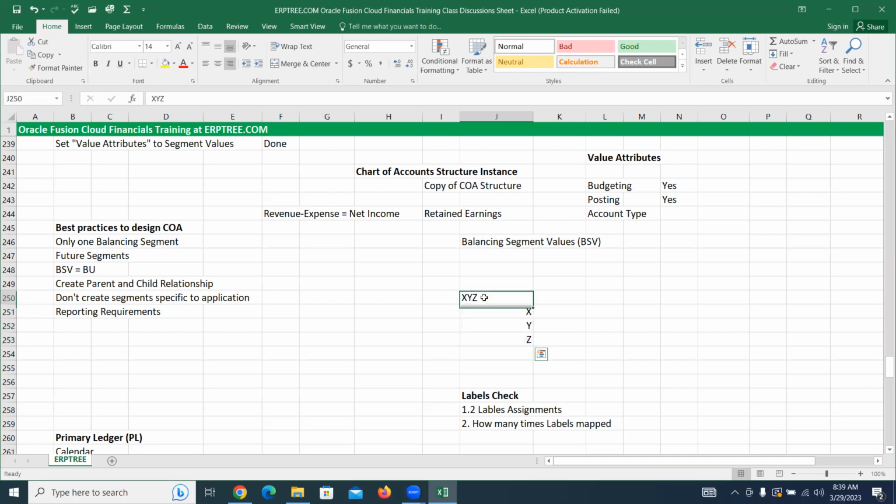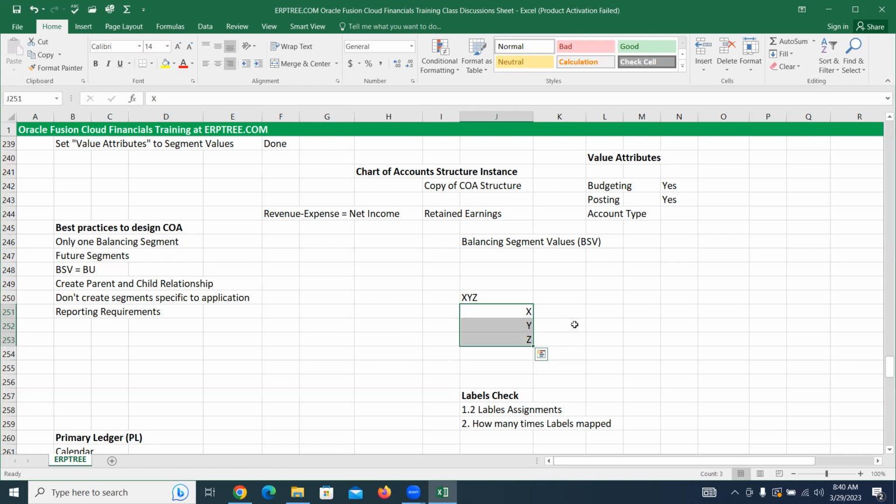Sometimes this may be your head office or corporate office or actual entity. Sometimes with XYZ, you don't record any transaction. You treat it as a parent. Any transactions will happen within these three entities. In those scenarios, for these three, you create three business units.